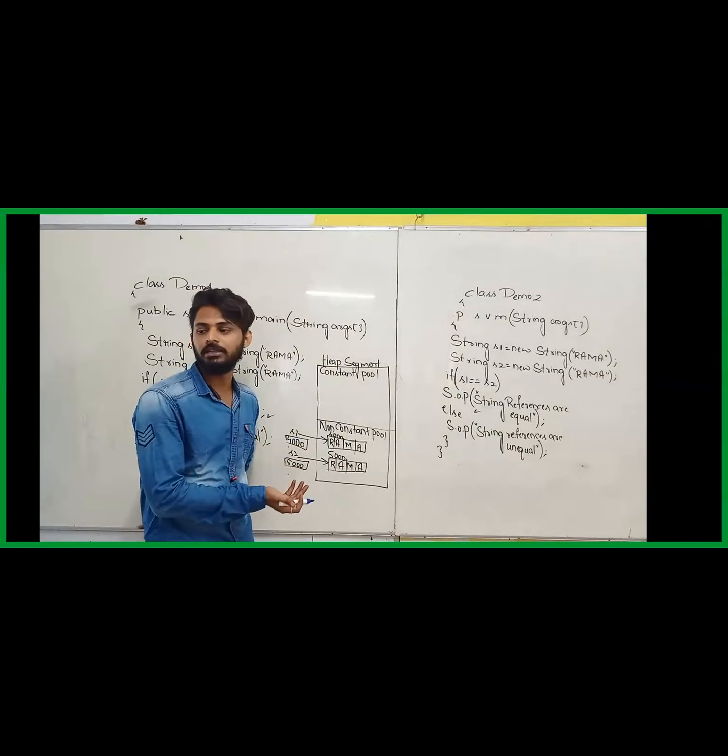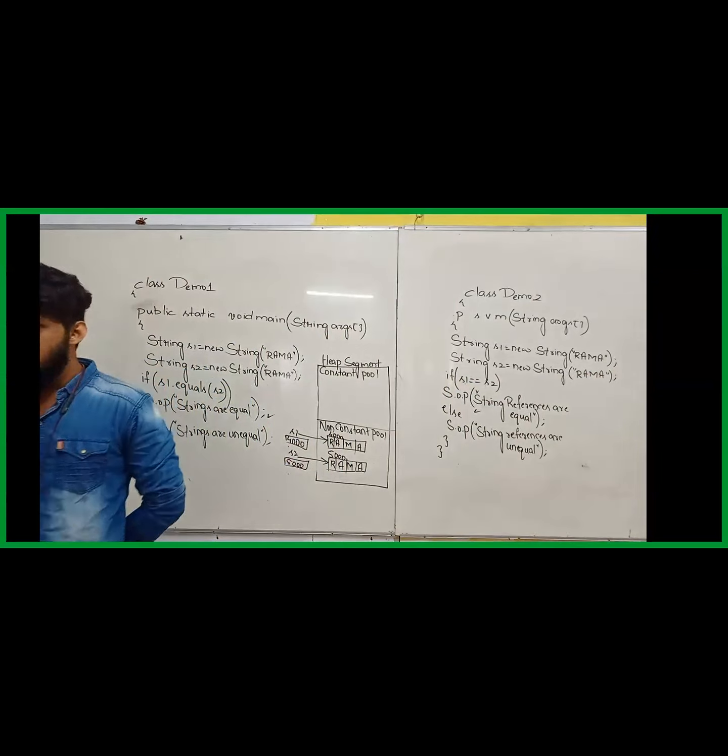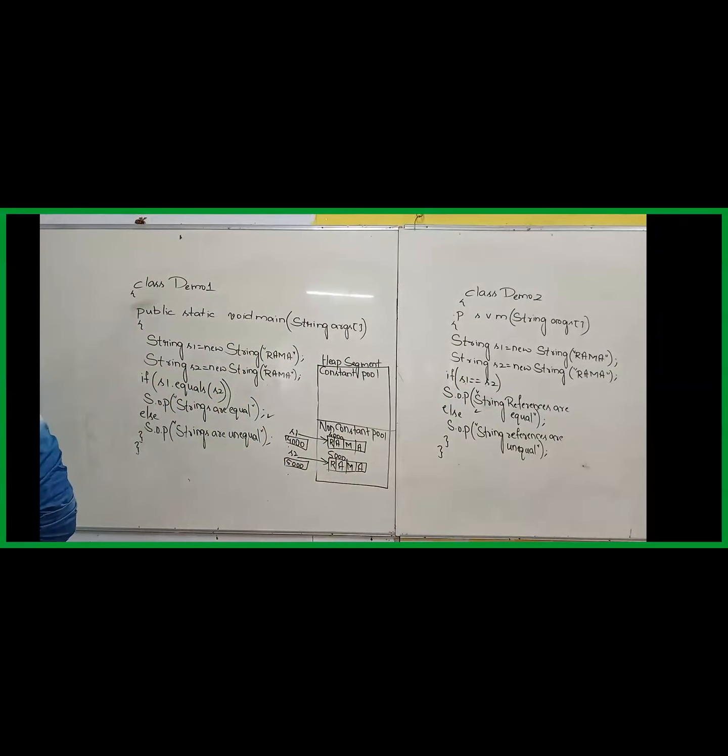I don't want to check the value, I just want to check the address. Then it will check the address and give you the output. Is that clear? Yes, no? Yes. If it is clear, I can go for the next one. Yes, sir. Clear, sir.